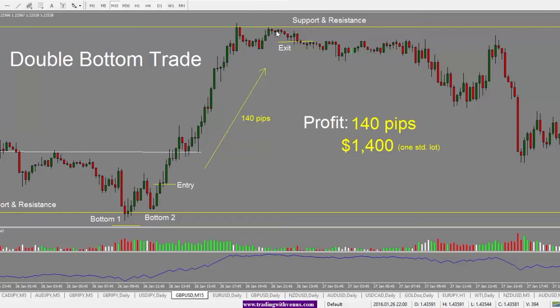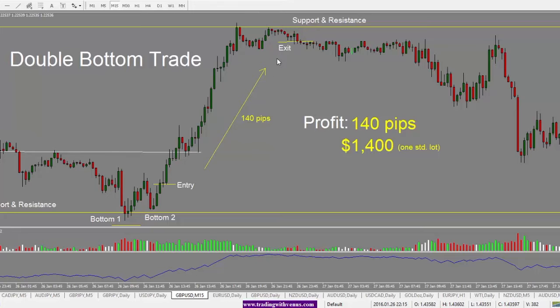At this point, we can exit the trade here because it's not breaking, or you can exit it here once we get a larger red candle compared to the other candles around it. This one suggests that the price is not likely to continue higher. We're seeing a lot of red candles, a lot of choppiness back and forth. So this is a good time to get out of the trade.